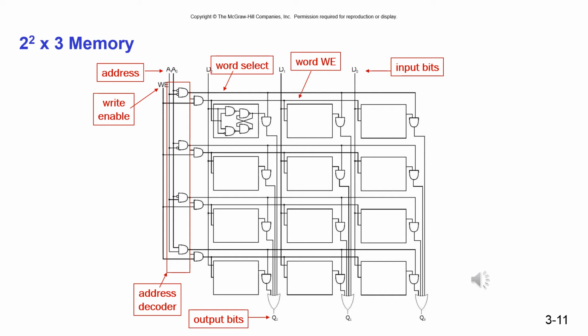And you have D0, D1, D2, I'm assuming that is. You've got your write enable, word select, your input bits, and your output bits, and then you have your address decoder on the side. And this is how it all comes together.